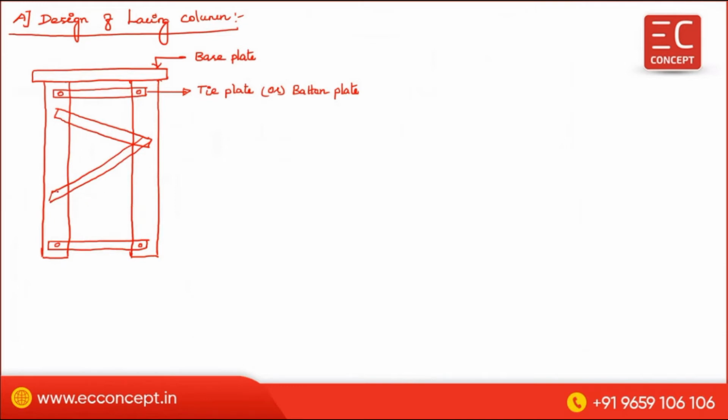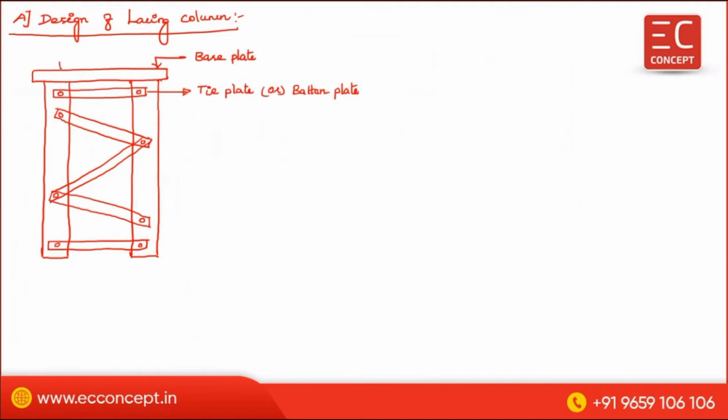And this is the another one, batten. Sorry, this is the lacing system. It is connected, connected, connected. This is the lacing system, and this lacing system makes an angle.